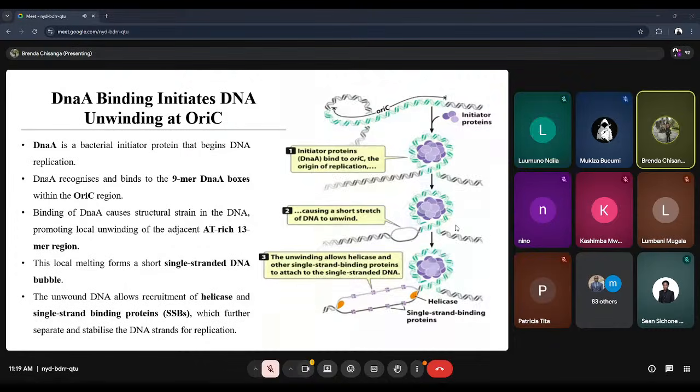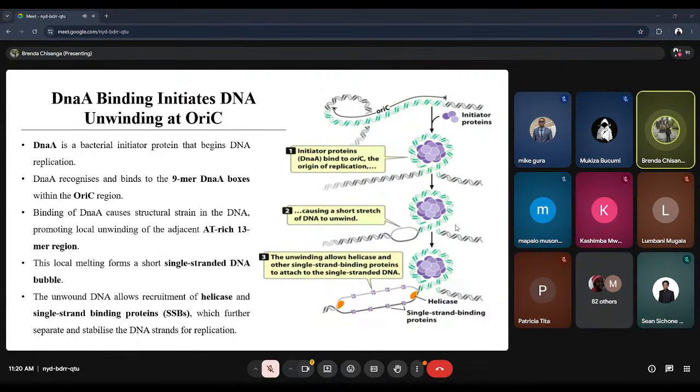In short, the cell knows that DNA replication must start at the origin of replication, but who is going to identify that origin? DnaA comes in as a bacterial protein that identifies this region in the origin of replication. That is why the first contact in initiation is recognition of the origin of replication.